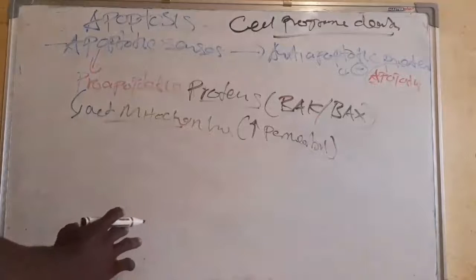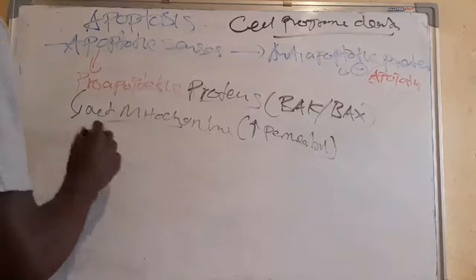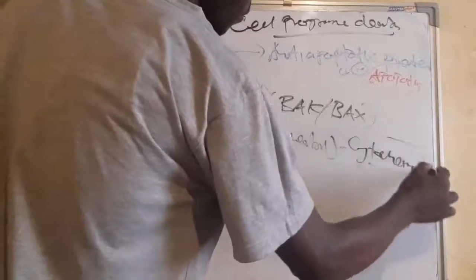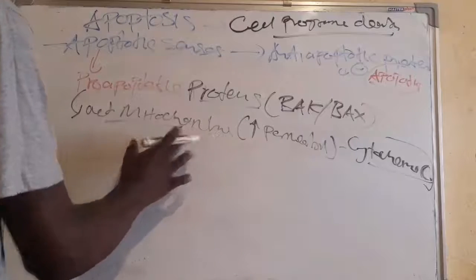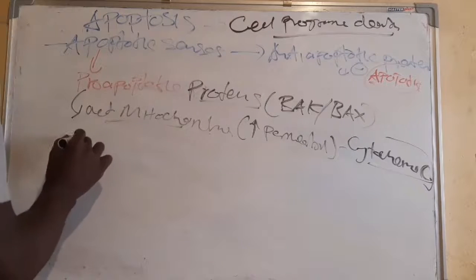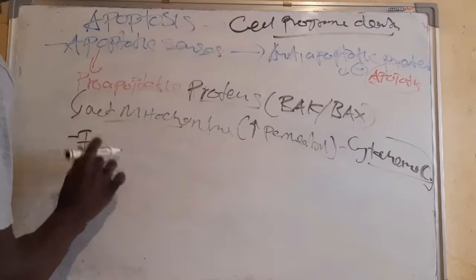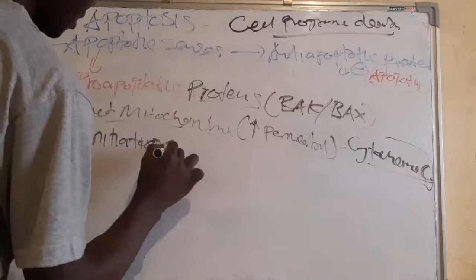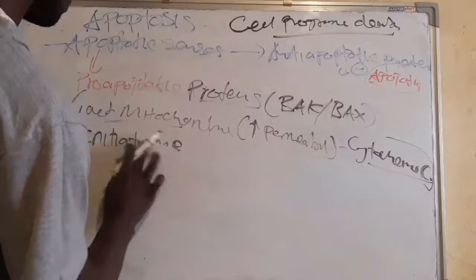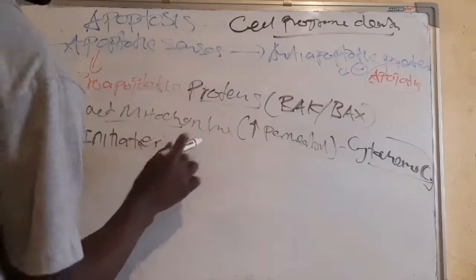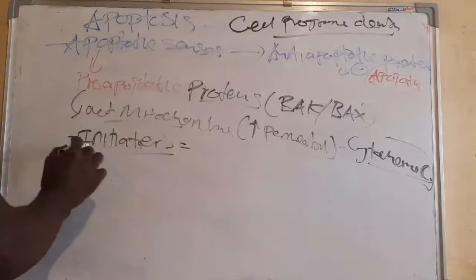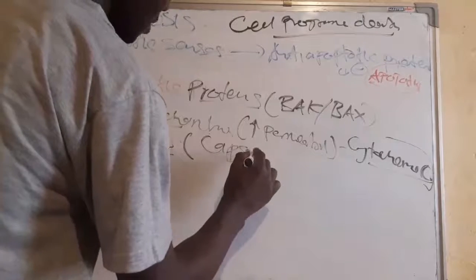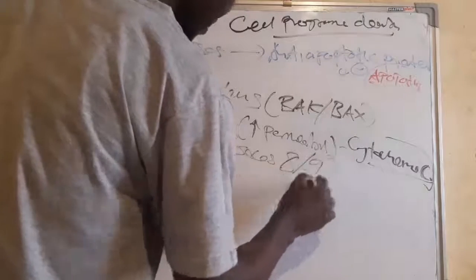This results in the release of cytochrome C. When cytochrome C is released from the mitochondria, it activates the initiator proteins, which are enzymes, basically caspases 8 and 9.